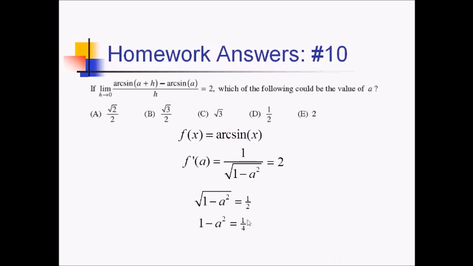That'll be negative 3 over 4, and then divide by negative 1 to get positive a squared alone. So we have positive a squared equals 3/4, and then just square root both sides. So that's going to give us plus or minus square root of 3 over 2. Now looking at our answer choices, they said which of the following could be the value of a. Obviously, both of these answers are not up there, so we just pick the one that is up there, positive root 3 over 2.